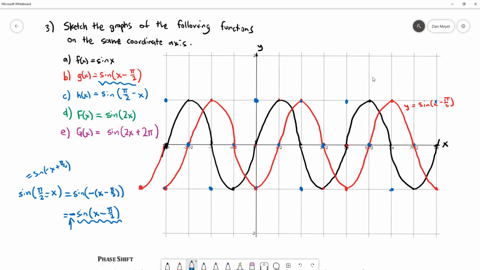All right. So here is the graph of sine of pi over 2 minus x.